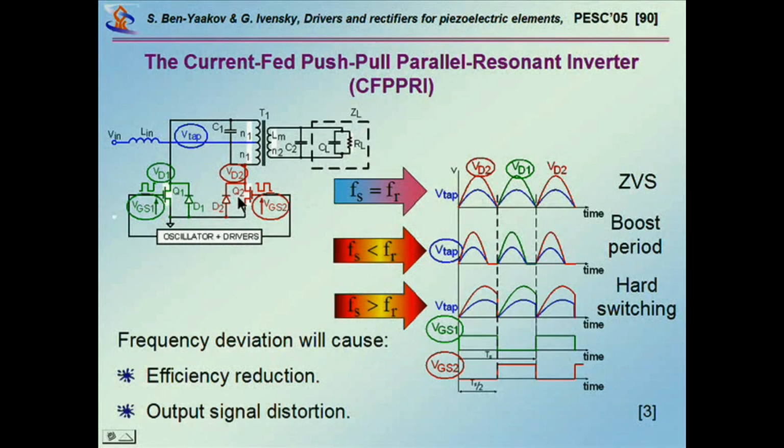Yes, please. Well, you mentioned that both of those, the boost and what you call hard switching, are not good. But as I see it right now, the boost period is not that bad, because the body diode is conducting, so you still have zero voltage. Yeah, in this case you do have zero voltage switching.